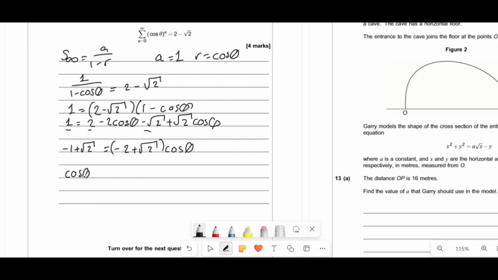So then cos theta equals minus 1 plus root 2, all divided by minus 2 plus root 2, which is just minus root 2 over 2. Now we need to figure out what the theta is. So theta would be cos to the minus 1 of the answer, which is 3 pi over 4.